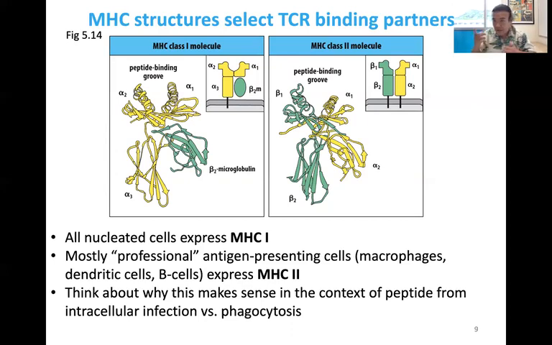So already, hopefully, you can begin to see what's going on here. Immune cells that do their job by taking in pathogens to destroy them also want to present what they've found on their surface so that other immune cells have an opportunity to learn from it.